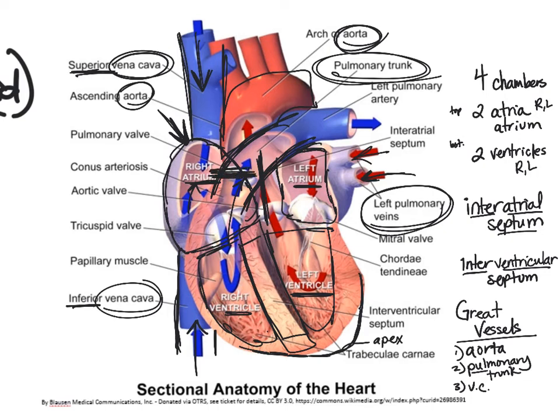They would be way back here. We also have two right pulmonary veins that are then still going to be bringing blood into our left atrium. All right, so that would be 4, the pulmonary veins. So pulmonary, again, meaning the lungs. So they're actually bringing the blood from the lungs into the left atrium.